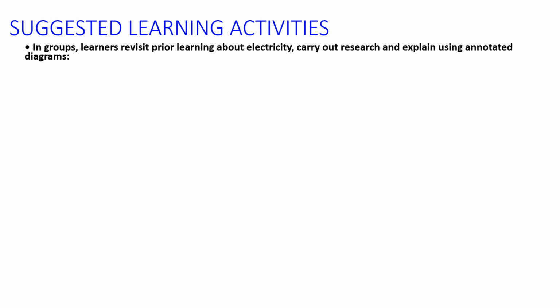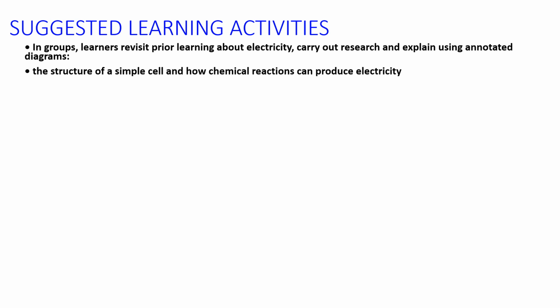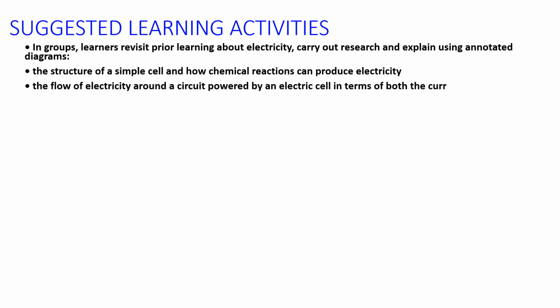Carry out research and explain using annotated diagrams. So we should get back and do research on the structure of a simple cell and how chemical reactions can produce electricity. The flow of electricity around a circuit, powered by an electric cell, in terms of both the current and flow of charge and the potential difference created by the cell.